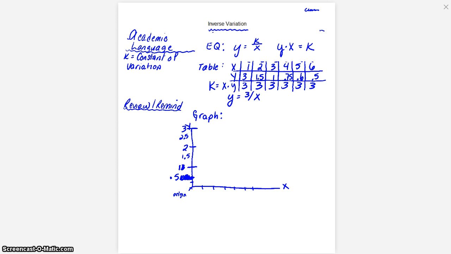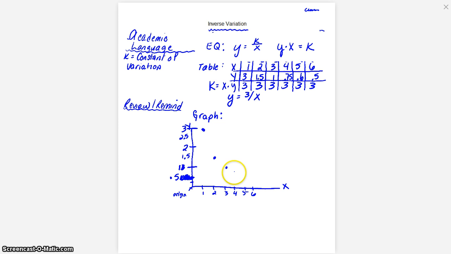Let's plot our points. When x is 1, y is 3. When x is 2, y is 1.5. Let me put my x here. When x is 3, y is 1. 4 is 0.75.